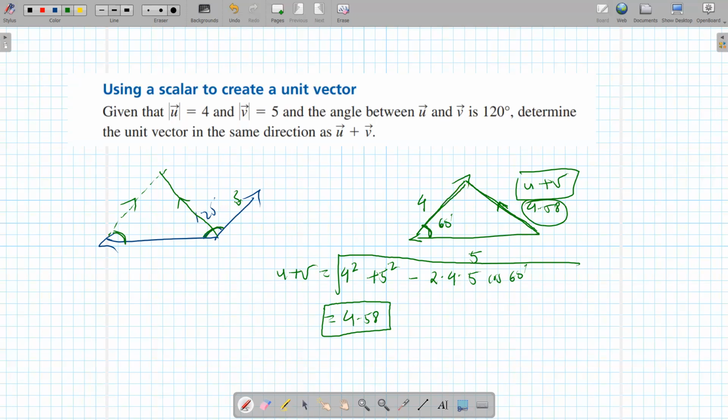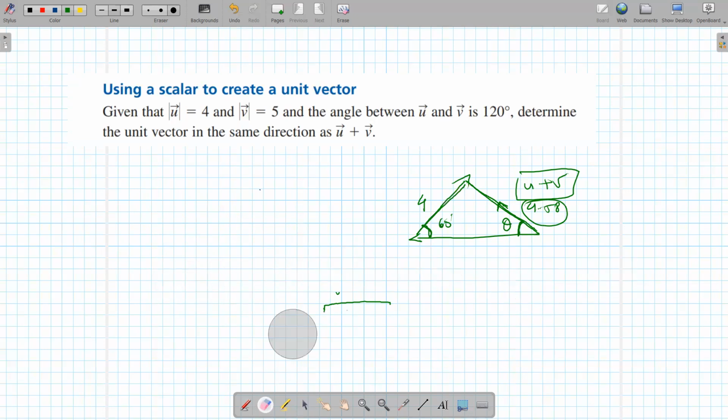Okay, I think I know what that wants. They want the angle, because we don't know what direction this is going to, right? We can call this theta again. How do we find that angle? Sine law. Set it up. Something over something equals something over something.